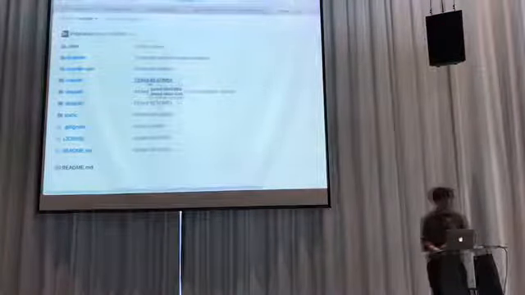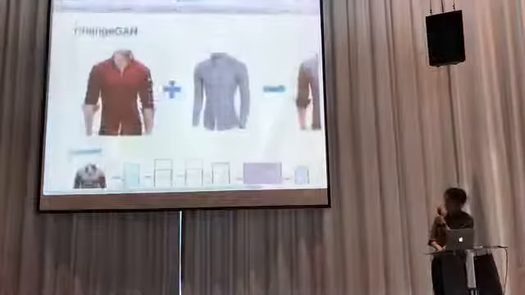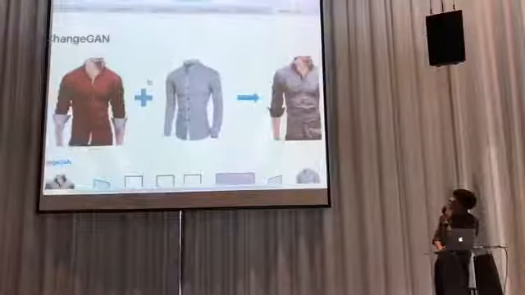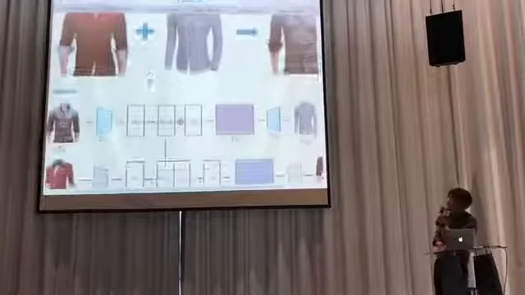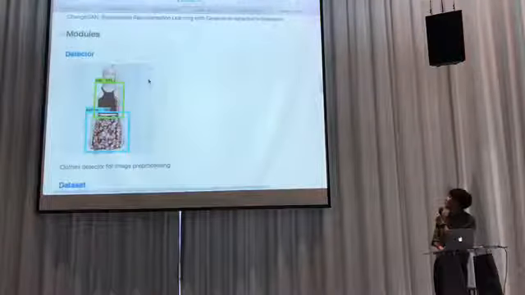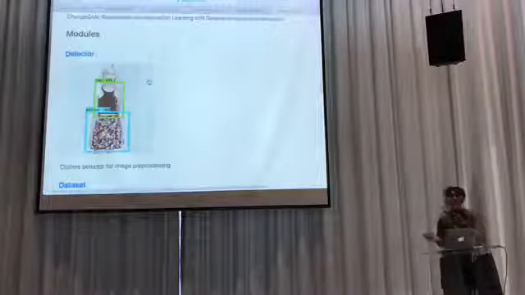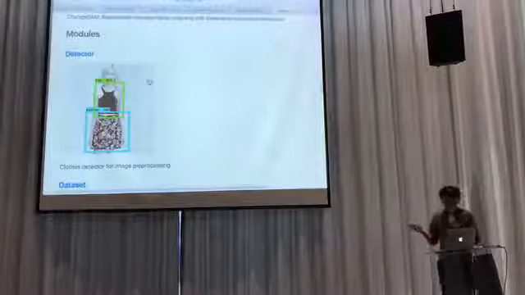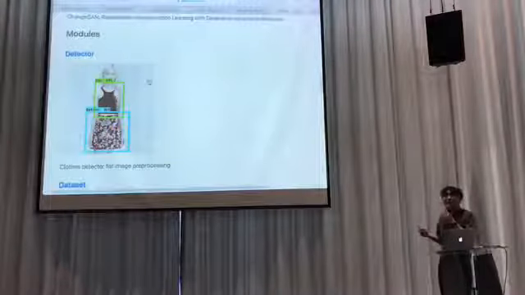Actually, I implemented various modules. There are lots of modules, and the main part of it is absolutely my ChangeGAN implementation. And I use the Google Object Detection API, so there's only a label map and some configs.